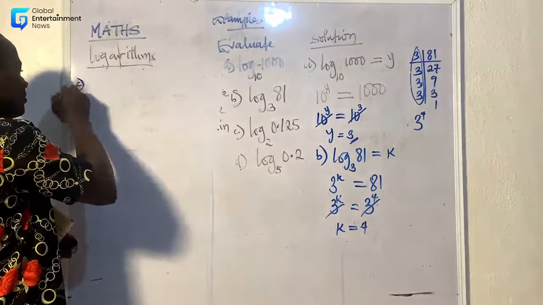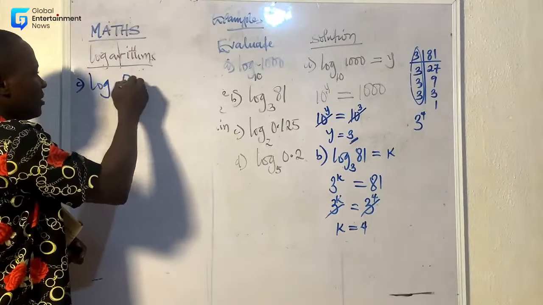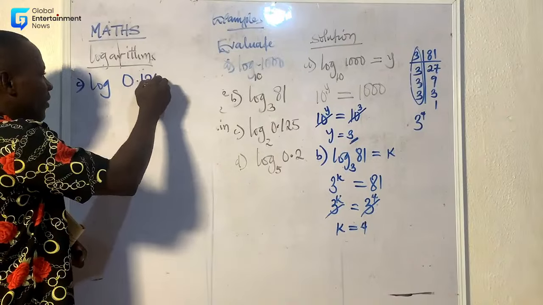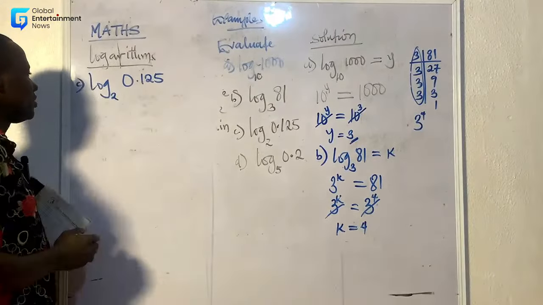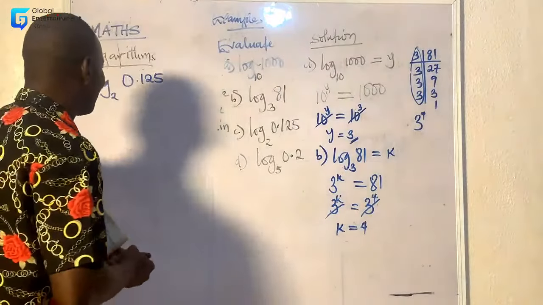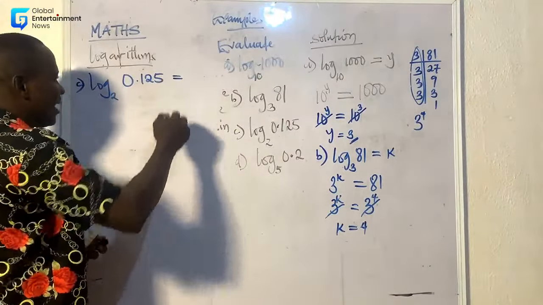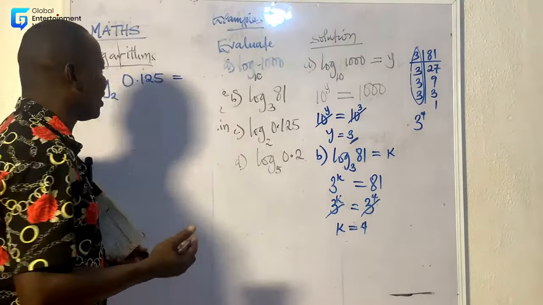Then C. What do we have? We have log 0.125 base 2. What do we have here, everybody? So definitely we're going to add a number. And what is that number?